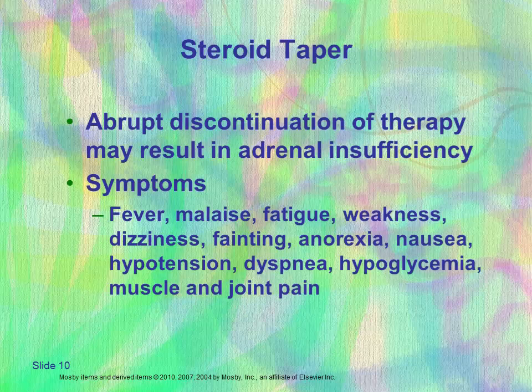Symptoms that we need to look for: fever, malaise, fatigue, weakness, dizziness, fainting, anorexia, nausea, hypertension, and so on. Some of these you can figure out. Obviously, they're going to have muscle and joint pain because they have a fluid and electrolyte imbalance. They're going to have hypoglycemia because we've taken away the steroid and we're not utilizing the sugar appropriately.